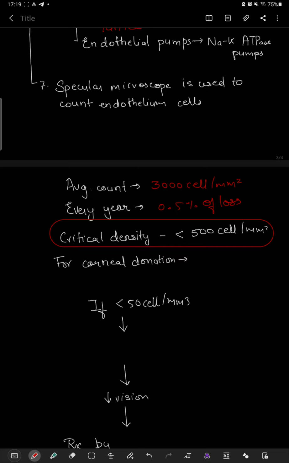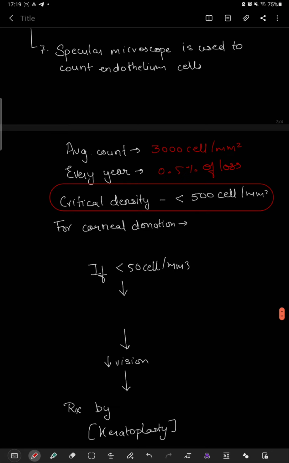What is happening here is that when the cell count decreases, it simply means that the endothelium is getting damaged. Endothelium damage, as we saw earlier, leads to edema, and edema will lead to a decrease in vision. So for corneal donation in India, we need more than 2000 cells per millimeter square. Okay, and what if the cell count goes below 500 cells?